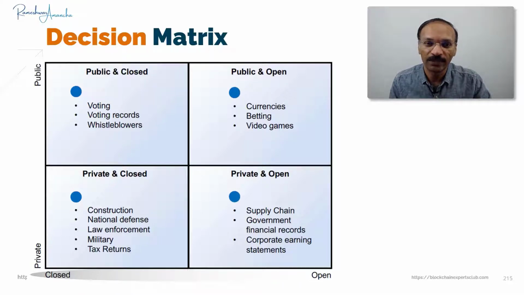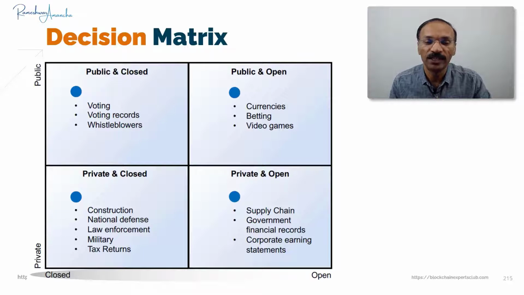And looking at private open, take supply chain. Let's say you wanted to track goods from the farm to the shop to the consumers. You wanted to see how the data is flowing. Though the people who are writing the data are private, not everybody is writing, you should be open to read it.